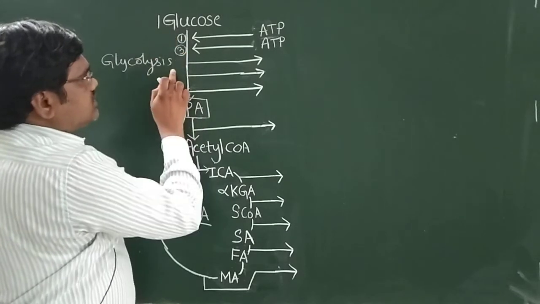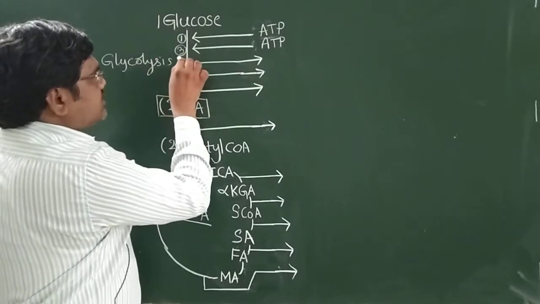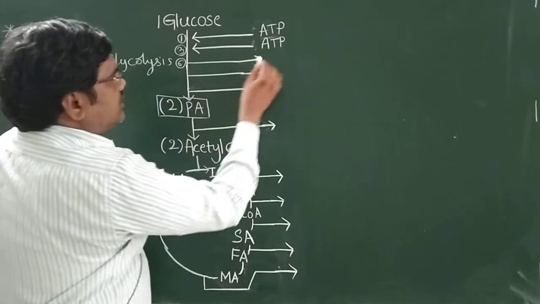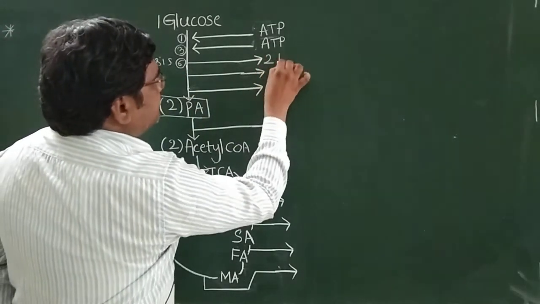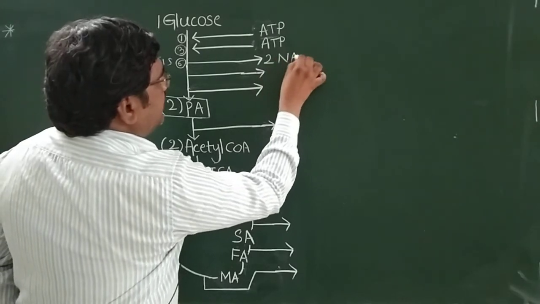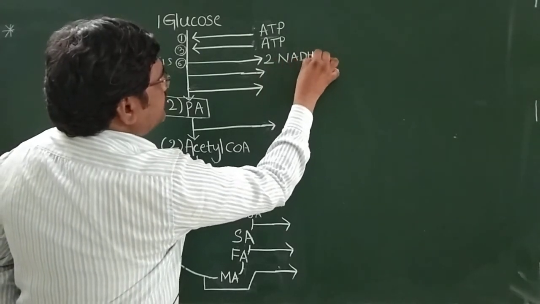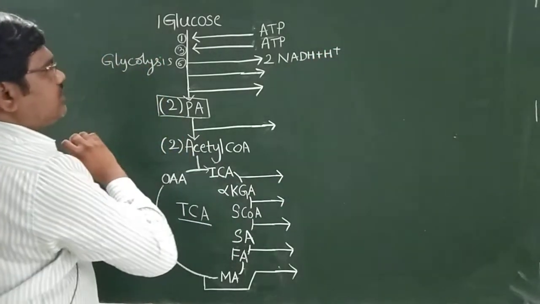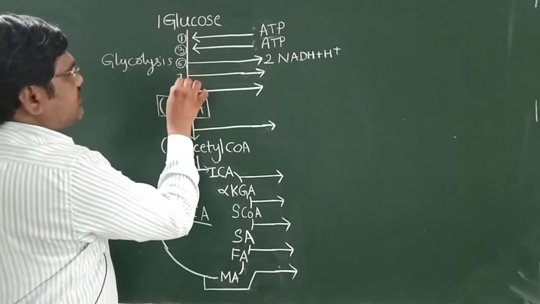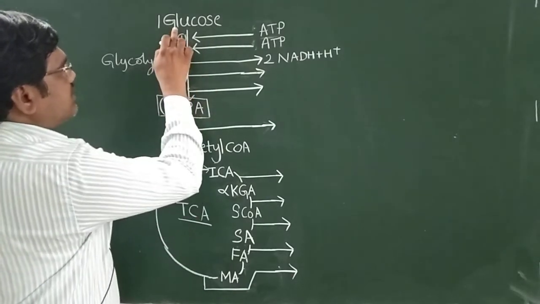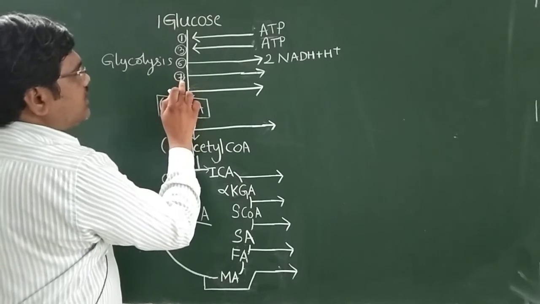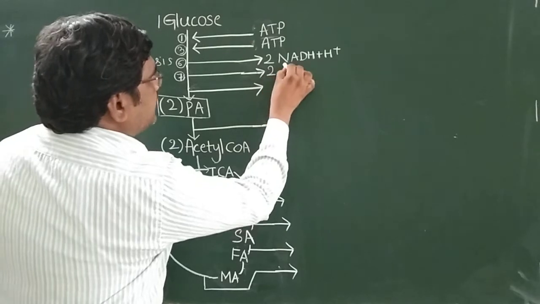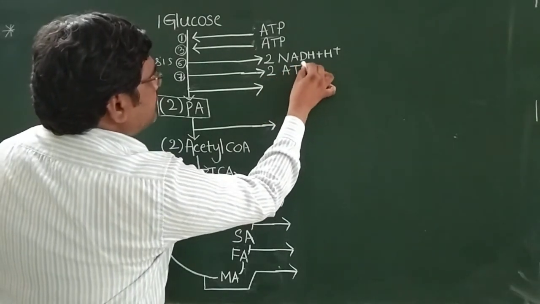Next, at the sixth reaction in glycolysis, during the oxidation process, two molecules of NADH plus H plus are produced. At the seventh reaction, a dephosphorylation reaction, two ATP molecules are produced.